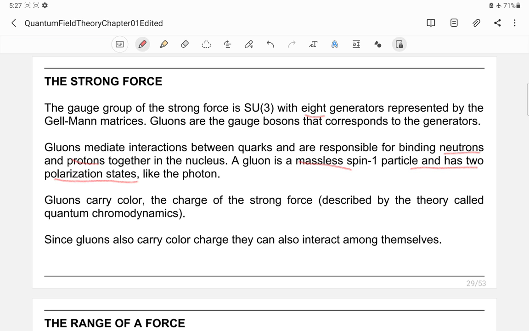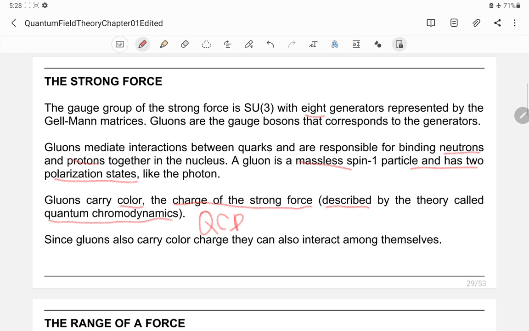They carry color, and this is the charge of the strong force. The whole thing of the strong force is described by quantum chromodynamics, QCD.